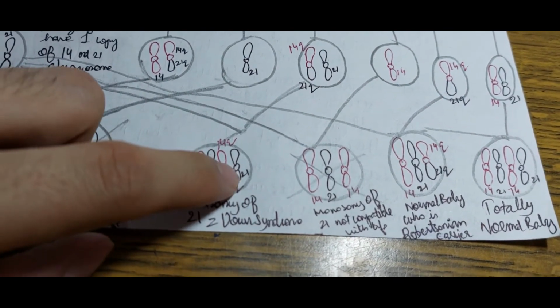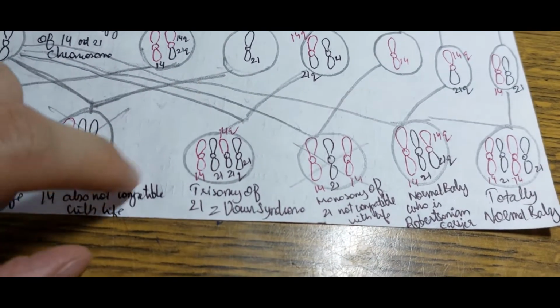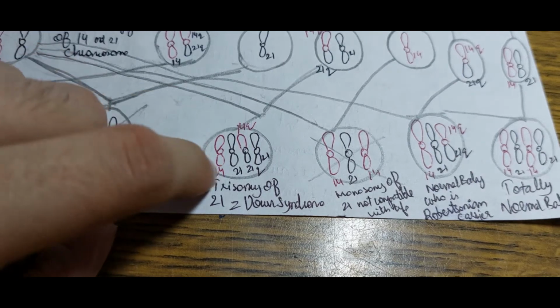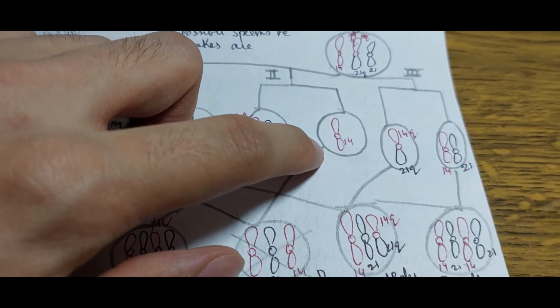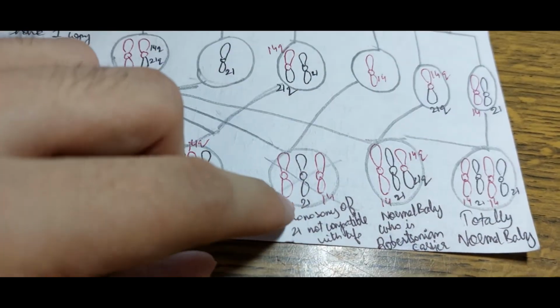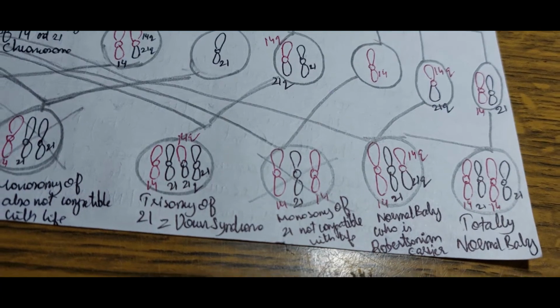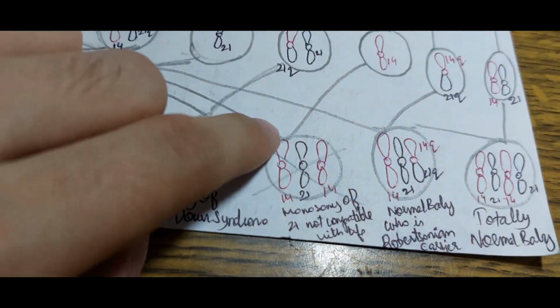As we can see, 21, 21 and 21q, that means there is trisomy of 21 chromosome, and we know trisomy of 21 chromosome causes Down syndrome. So the baby who is born is going to have Down syndrome. And if we take this sperm and fuse it with the normal egg, we are going to get monosomy of chromosome number 21, because we just have one 21 chromosome, and we know that monosomy of autosomes is not compatible with life. So this will also not be compatible with life, and the baby will be aborted.